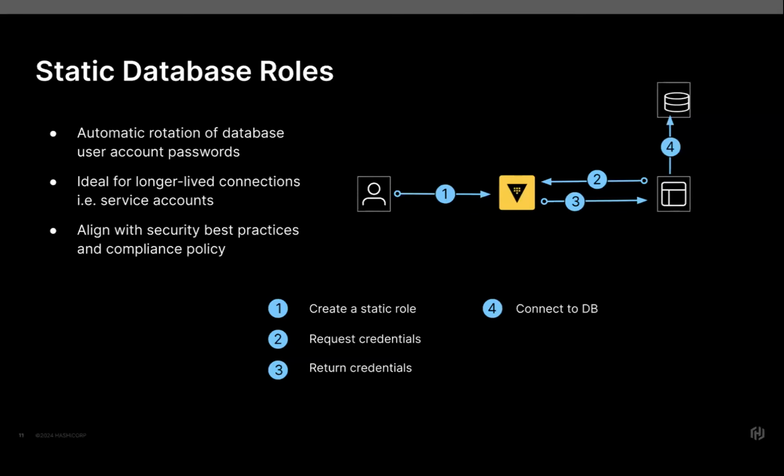And with that, for example, the client is going to ask for credentials, right? Vault is going to generate, I mean, of course, in the database, it's going to generate a password for this client and give you back the password, right? With the static database role, you can also automatically rotate the password, right? So Vault can rotate the password for you, and so on and so forth.